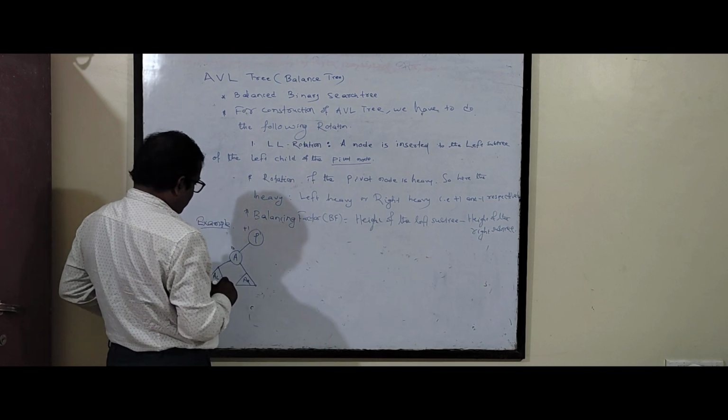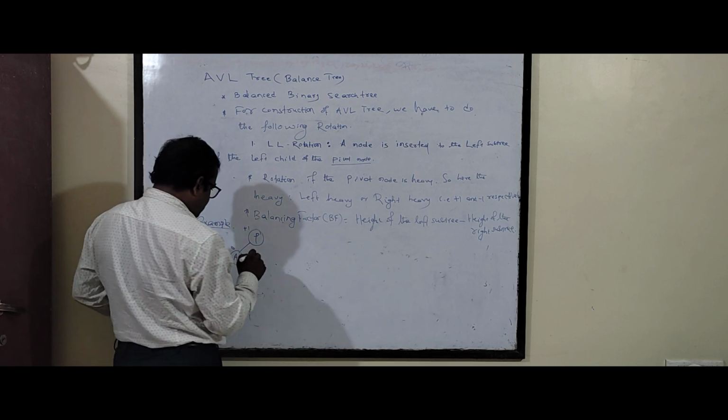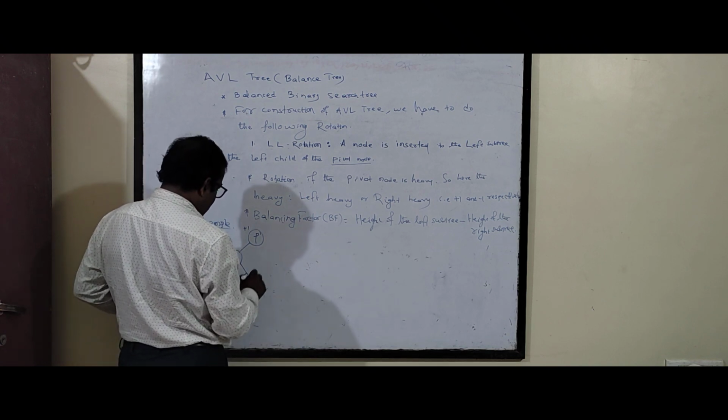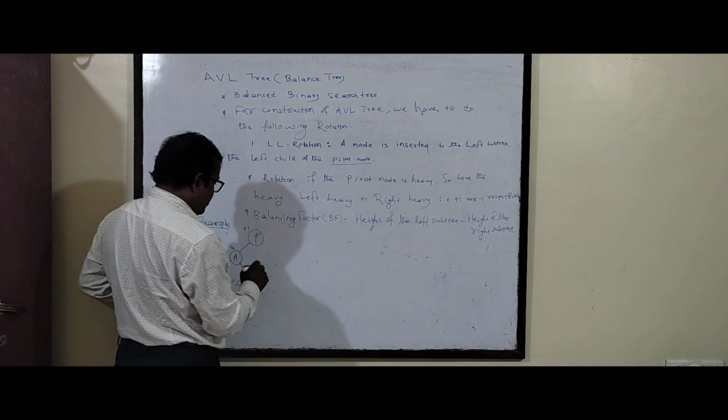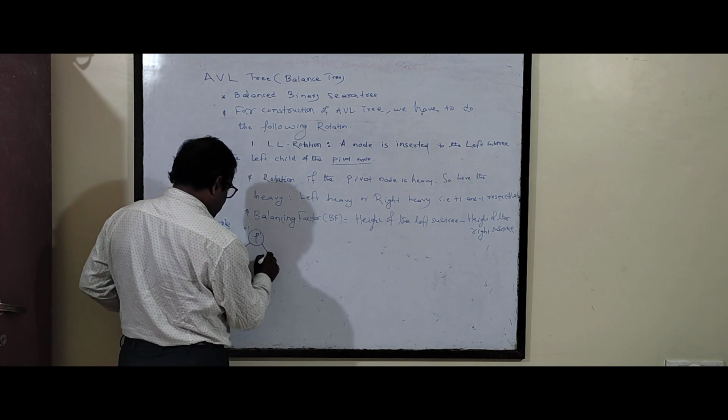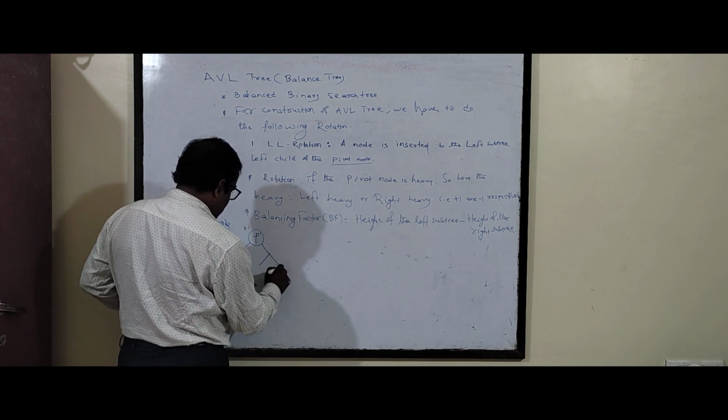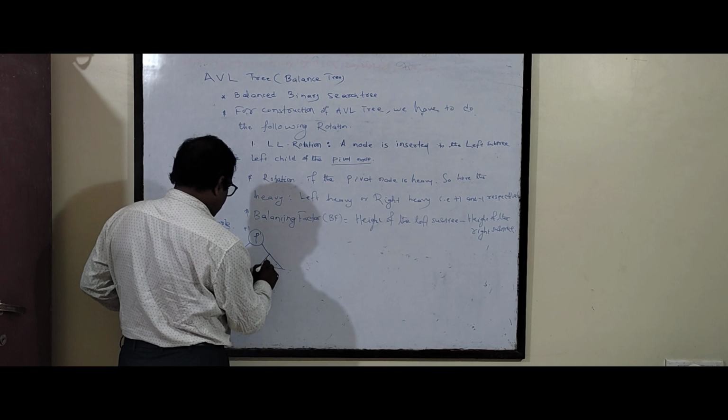How is it becoming plus 1 here? This side should be heavy, so we write here this is P.